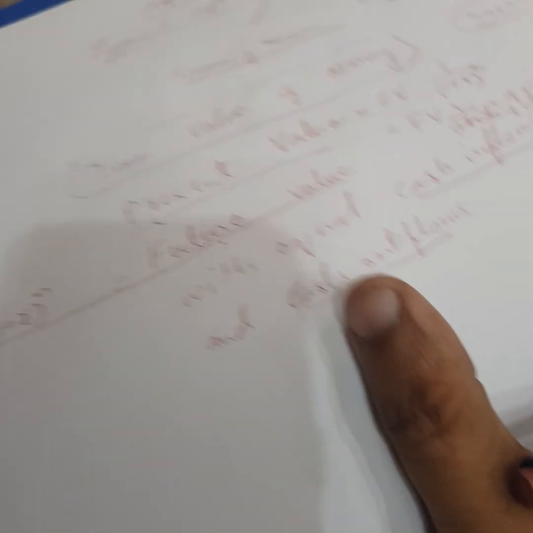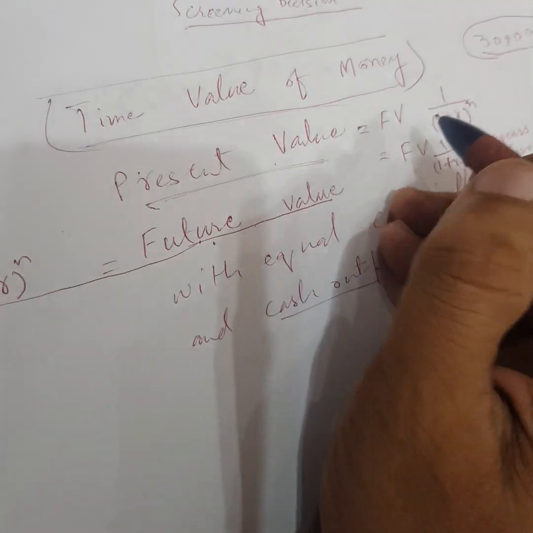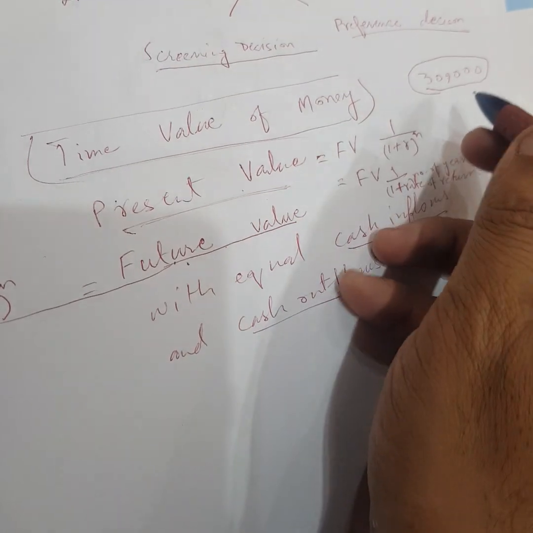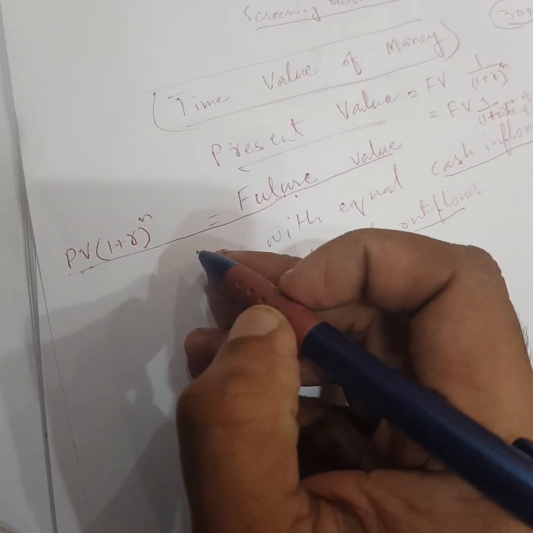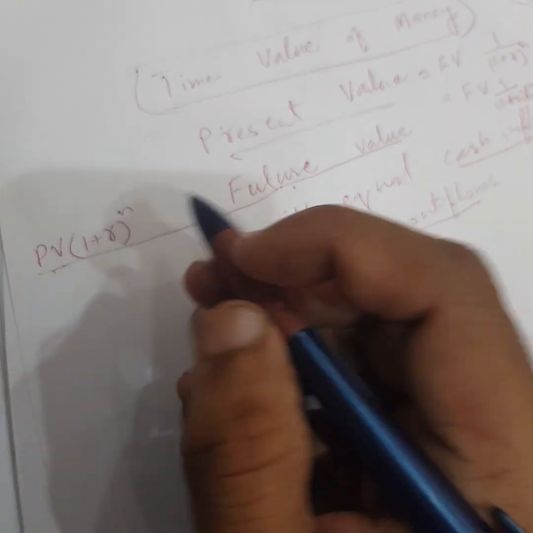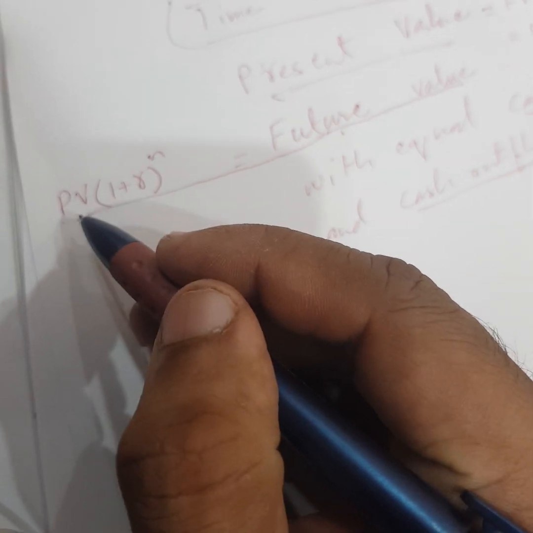So these are the formulas to calculate the present value of our future return and to know the future value of our present investment.